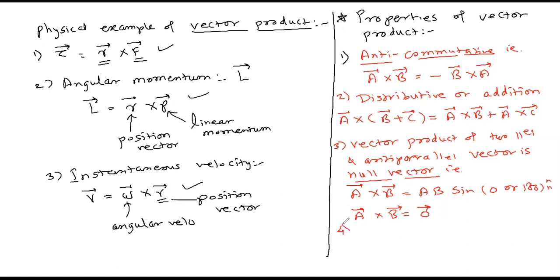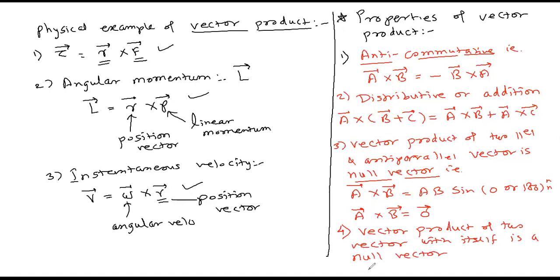And the fourth point is that the vector product of a vector with itself is a null vector.